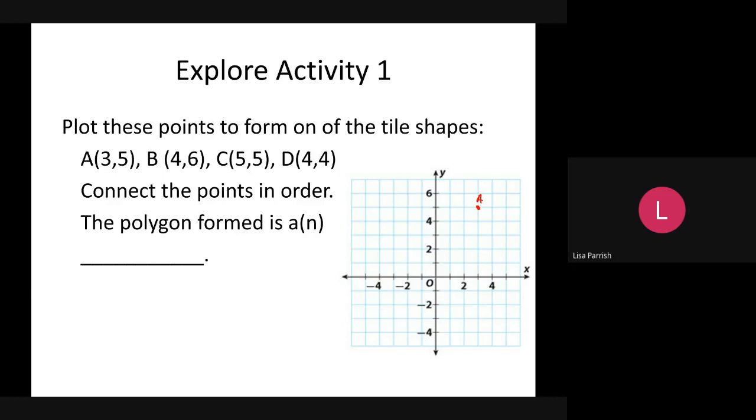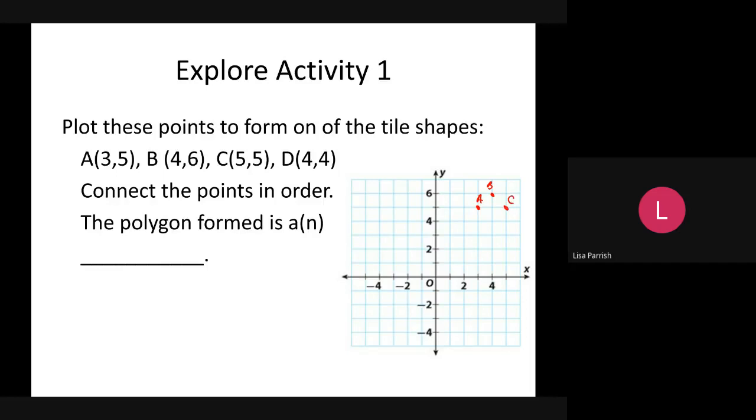So again, start at your origin, dribble over to the 4, go up to the 6. Put the letter B with that one. Point C is 5, 5. They're both positive, so I'm going to go over to positive 5, up to positive 5. So that point is going to go right here.